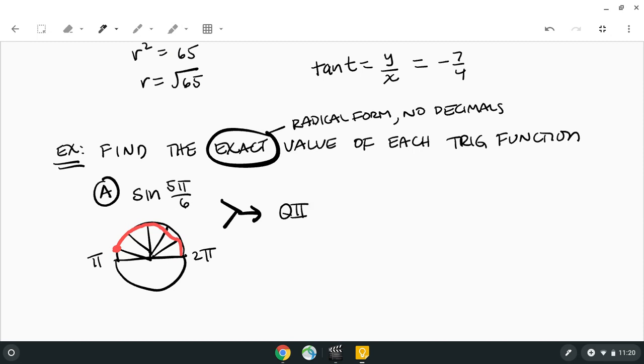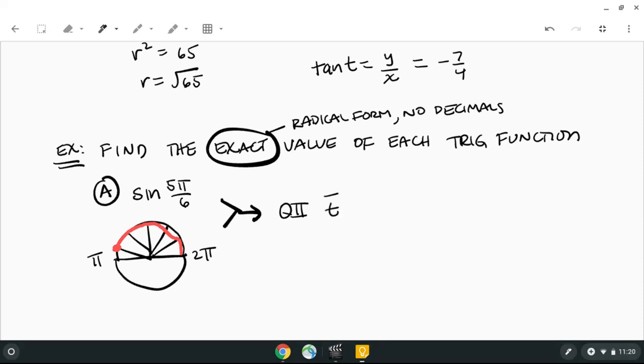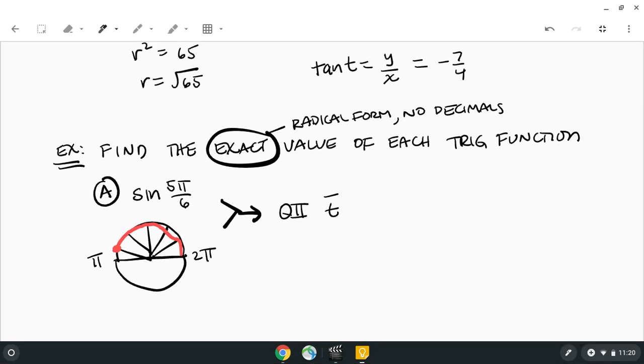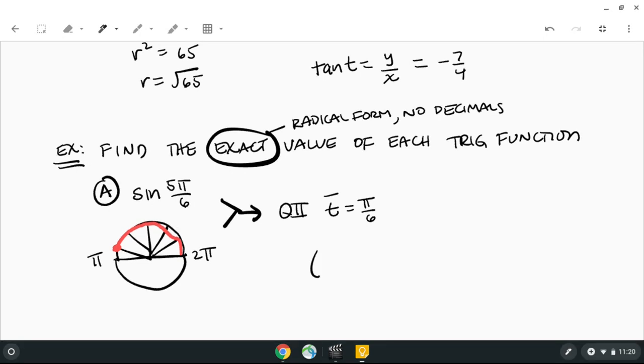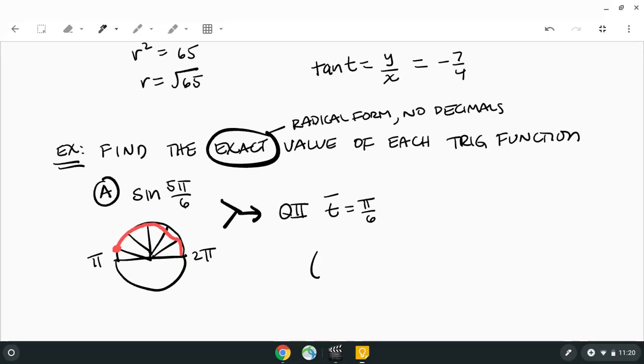And my reference angle, my reference number is pi over 6, which is associated with these numbers: square root 3 over 2 and 1/2. All right.